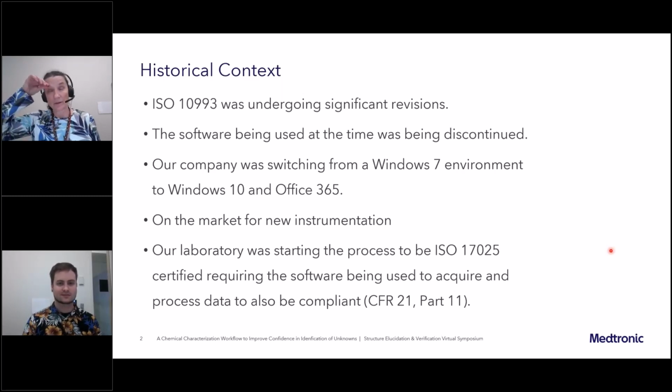And I know that that is a specific requirement that's put out by the federal government or the FDA. However, ISO 17025 requires the same requirements as CFR 21 Part 11.